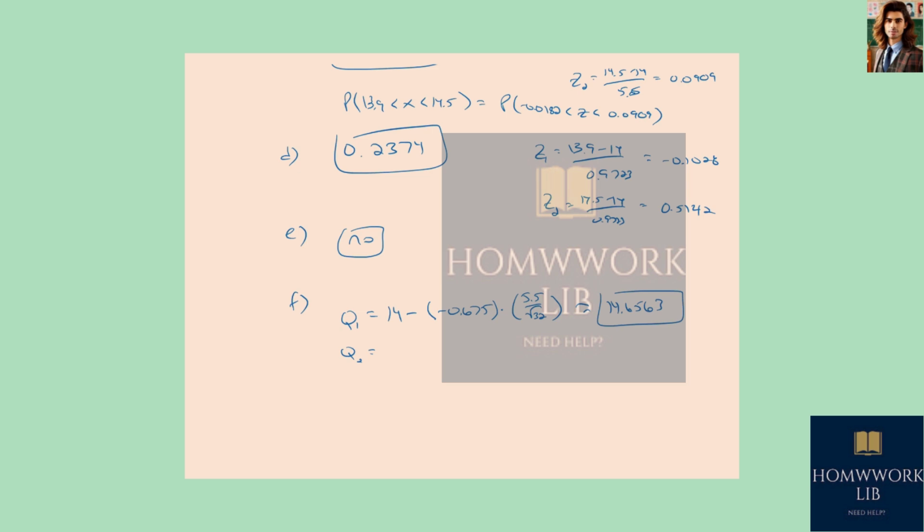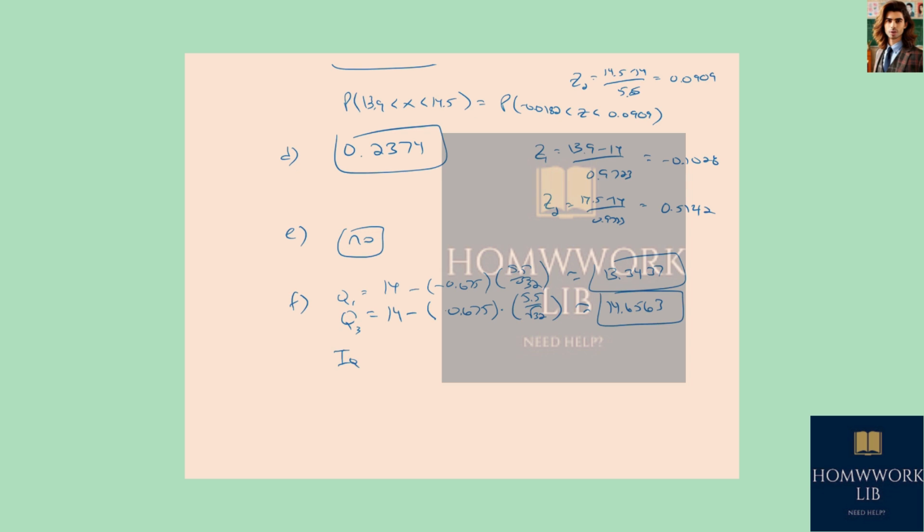I think I just got those backwards actually. This is going to be Q3. And Q1 is going to be 14 minus the negative, which to 4 places is 13.3437.